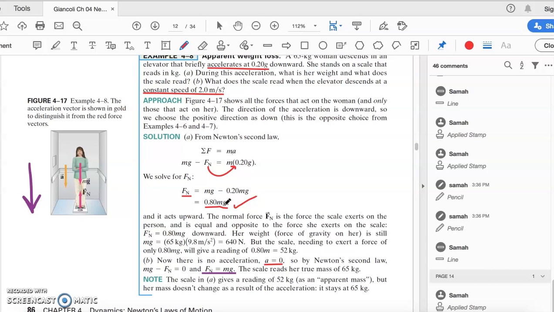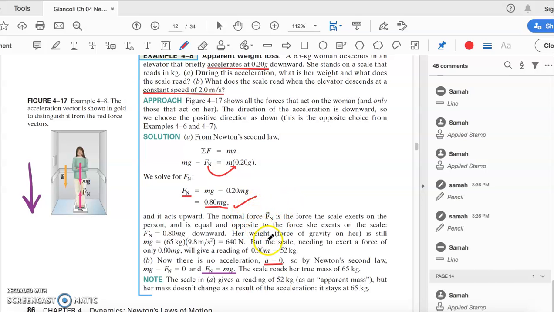If you get the scale and go into the elevator, and the elevator is going down with a constant acceleration, and you step on the scale, for example, let's say your actual weight is 65 kg, the reading on the scale inside a moving down elevator will be a little bit less than that. I hope I made this clear to you guys.